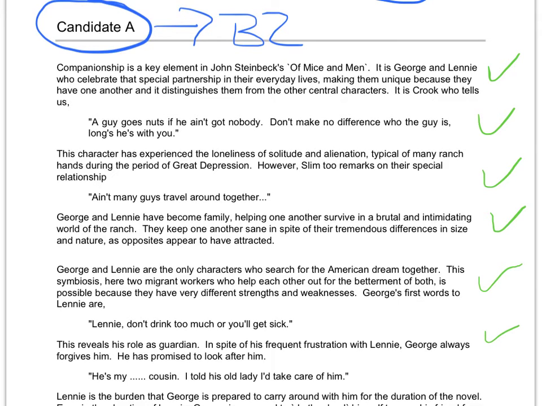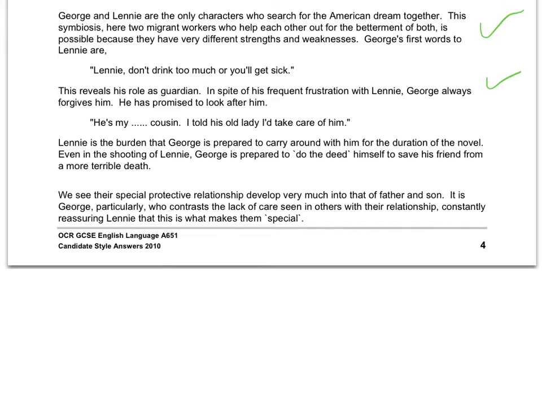And as I said, we want to focus on AO2. So to do this, we are going to start looking a little bit more onto the next page, where we're going to see some of the things that we need.